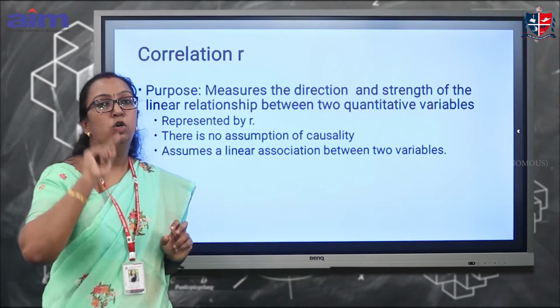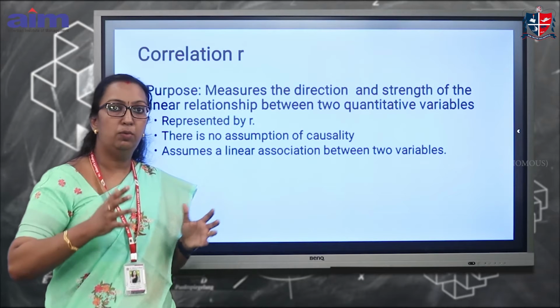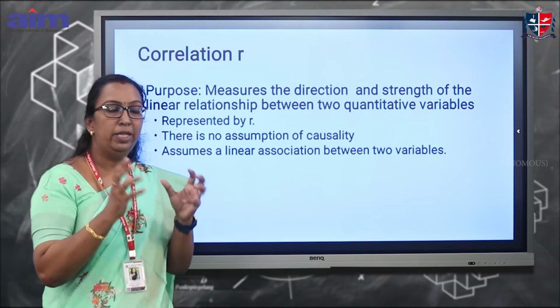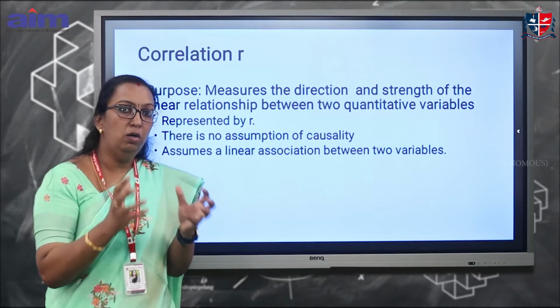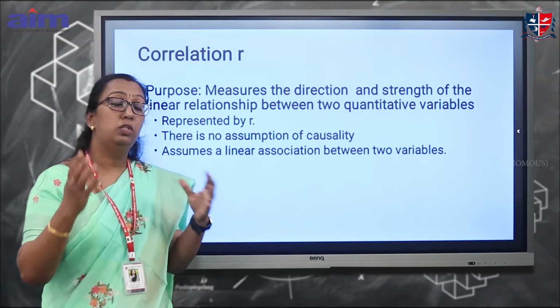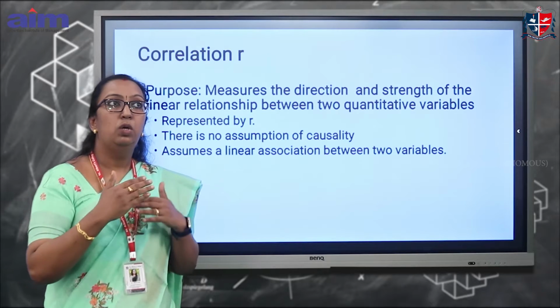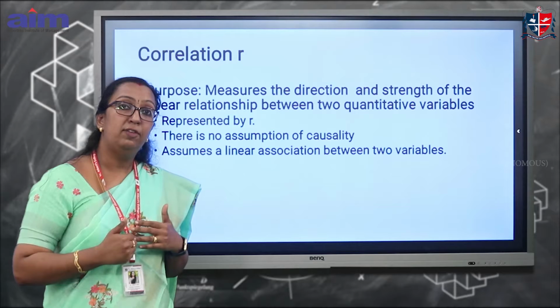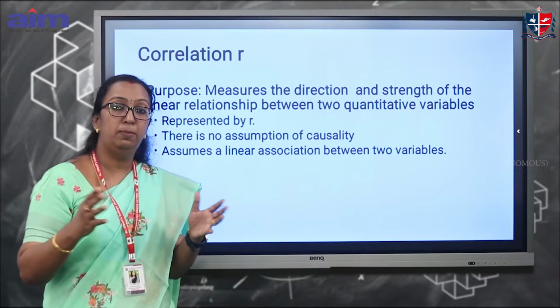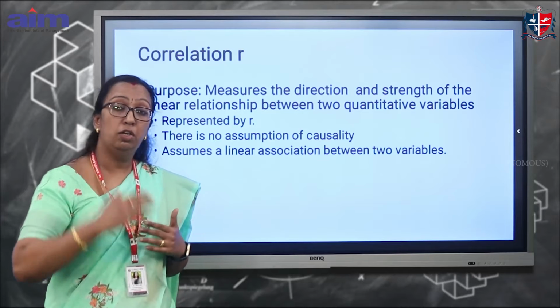So r is the coefficient of correlation, and through correlation analysis what you are trying to understand is whether it is a strong correlation, whether the two variables are strongly related, or whether they are very weak in relationship. You can quantitatively test these two variables and find out the strength of the relationship and also the direction of the relationship.